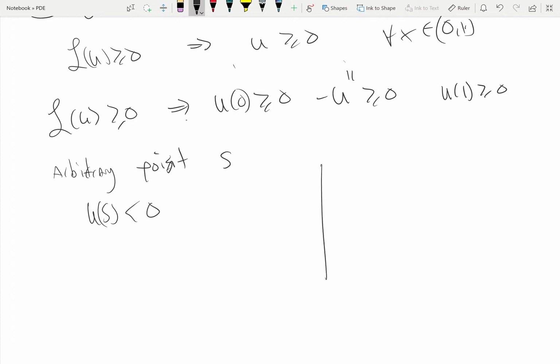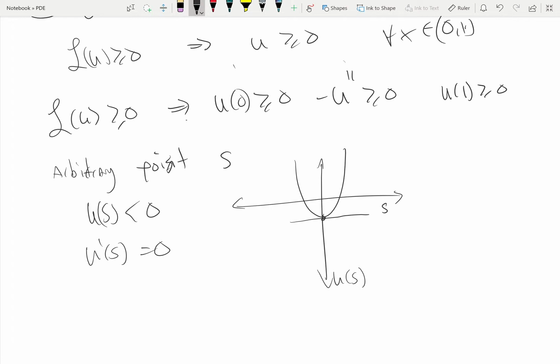Now we know from calculus that it would look something kind of like this, all right? Where your x is here, this will be your u of S function here. Now, by this graph, we can see that our u prime of S is going to be equal to 0, right? This is the tangent line at that point, is 0. And then we have u double prime of S is going to be greater than 0 because it's concave up. That's kind of a visual proof from calculus.